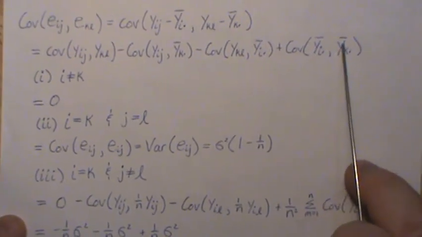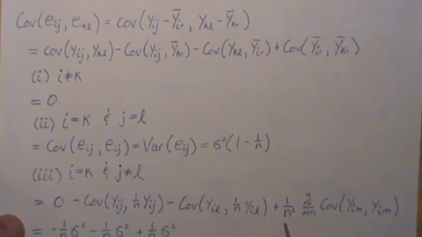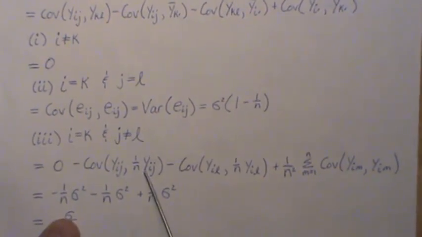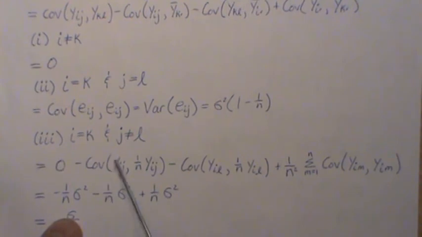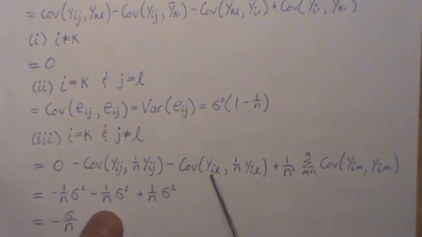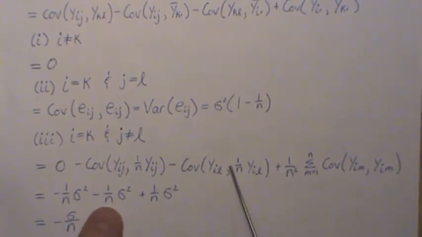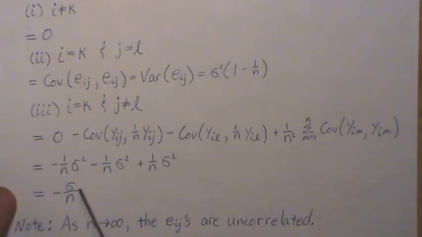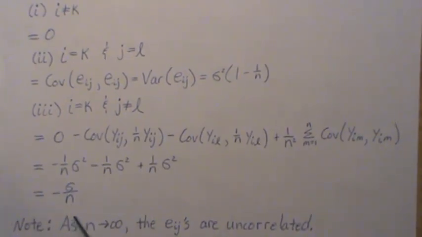The 1 over n and the 1 over n come out, and that's how we get the 1 over n squared. 0 goes away. The 1 over n comes out, and it's sigma squared. Same way, that's sigma squared. And then this is sigma squared. You get n of them. One of the n's cancel, and we're left with this. And then this reduces to this form.